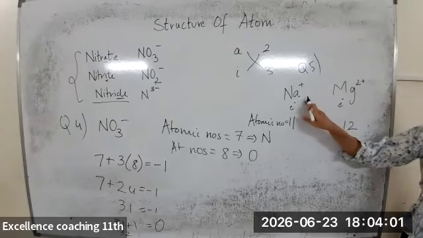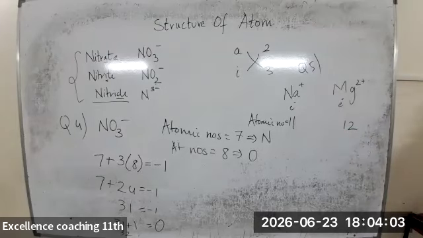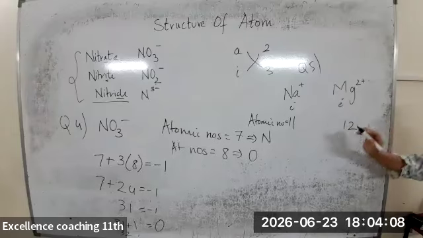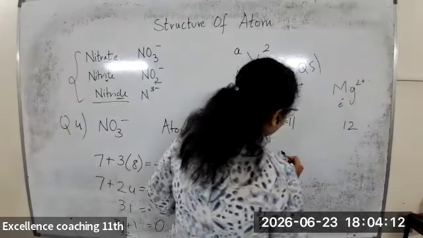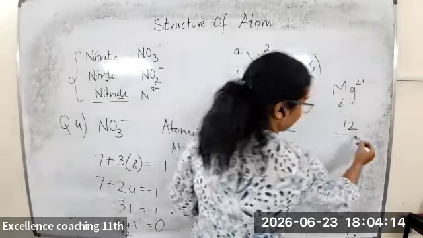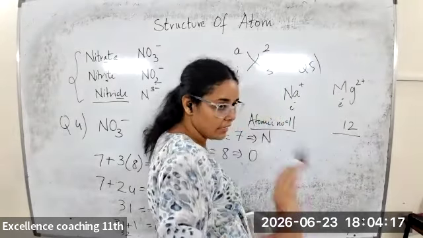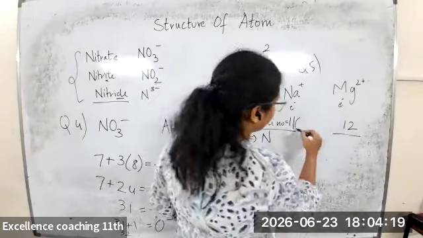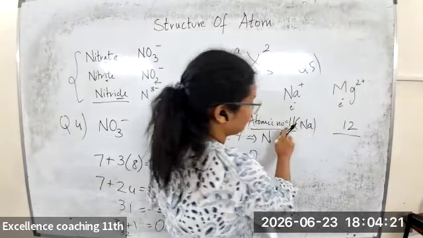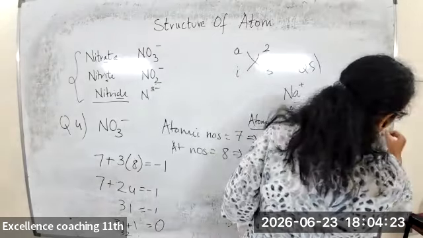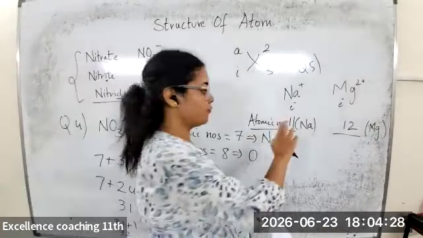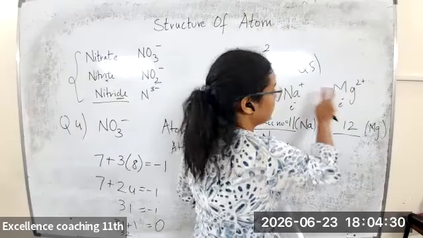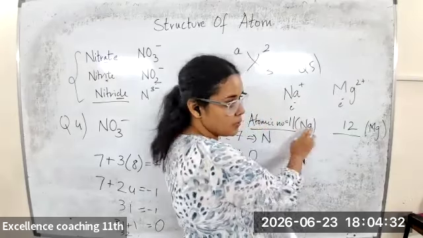So the number of electrons in Na plus will be how much? Normal Na, a neutral element, will have its atomic number: Na will be 11 and Mg will be 12. Now I have to find the number of electrons in these species.